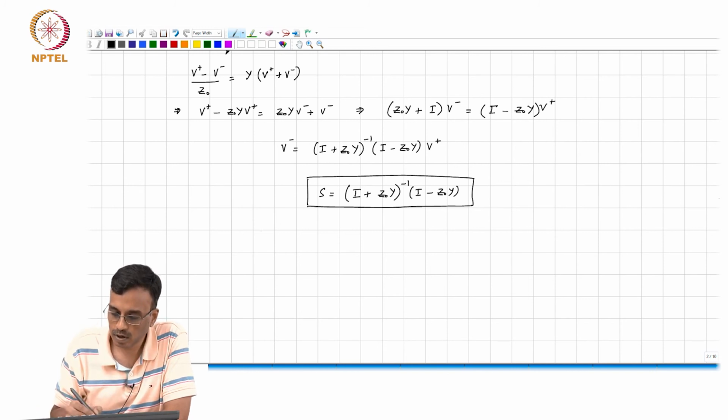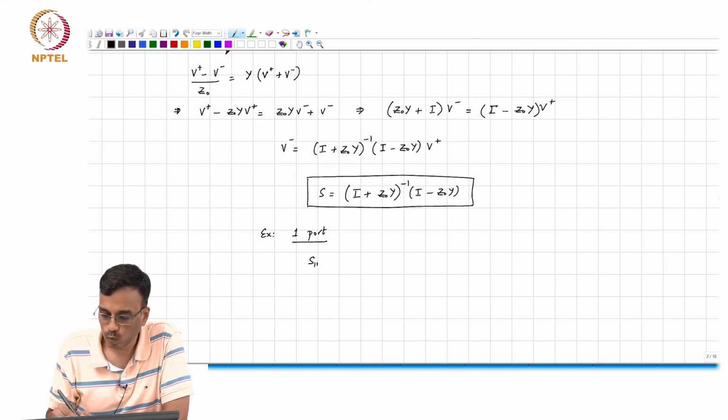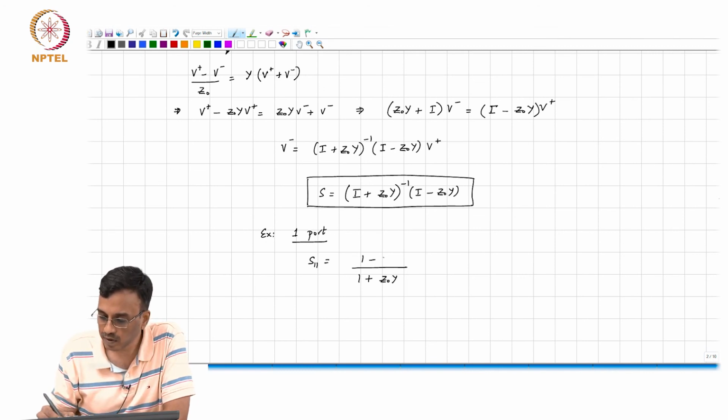So for a one port, S11 equals 1 plus Z naught times Y, inverse, times 1 minus Z naught times Y, which is nothing but Z minus Z naught by Z plus Z naught.